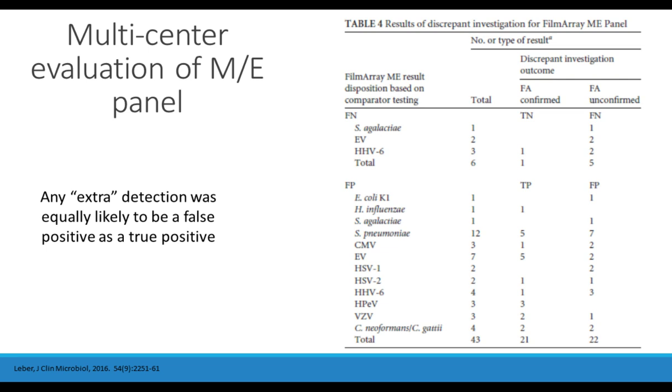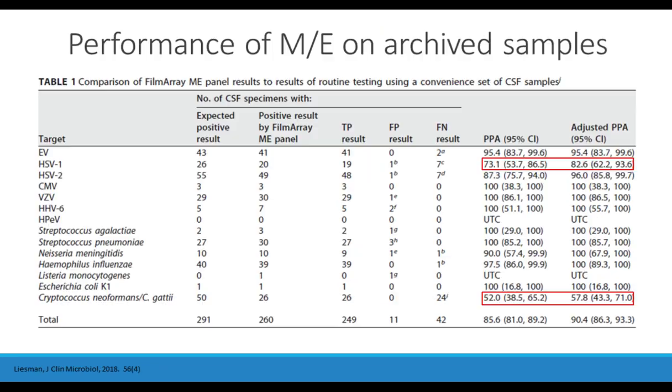However, equally as often, that analyte was deemed to be a false positive. So it can be difficult to determine how to evaluate the significance of these positive results when an extra detection could equally be a false positive as a true positive.